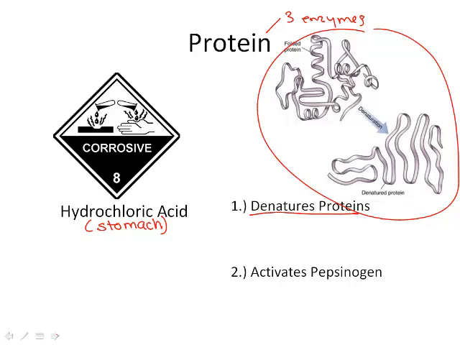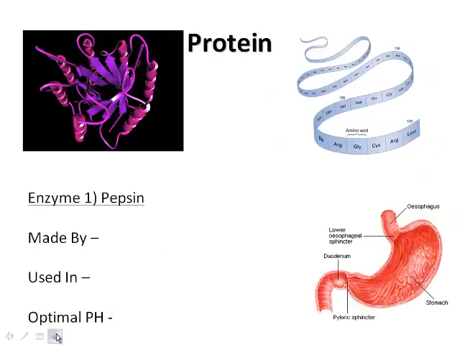So it's the unfolding. The second function of the hydrochloric acid is to activate pepsinogen, which turns into pepsin. Pepsin is our active enzyme, which breaks down our proteins. Not to be confused, hydrochloric acid is not an enzyme, but it is still very key in breaking down our protein.